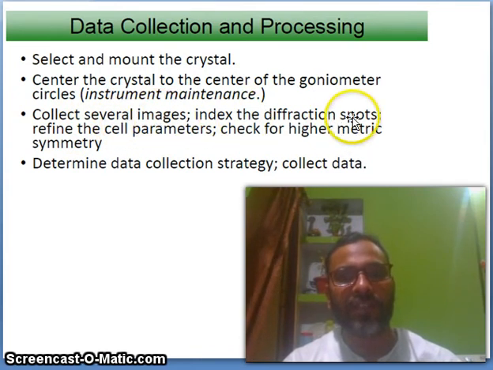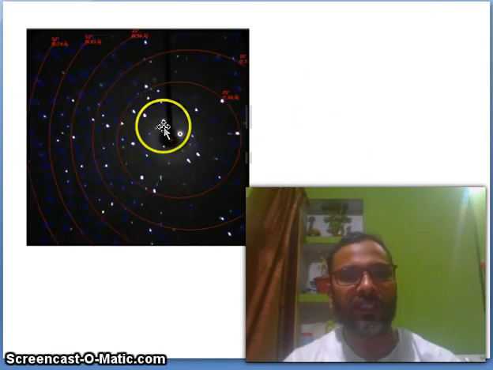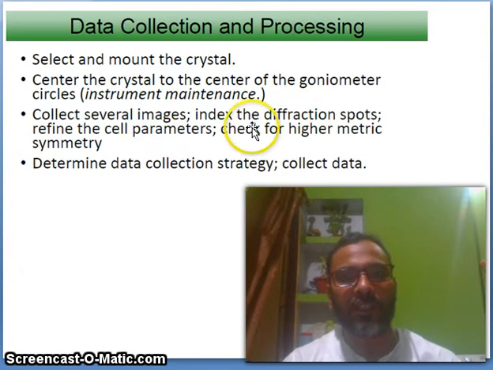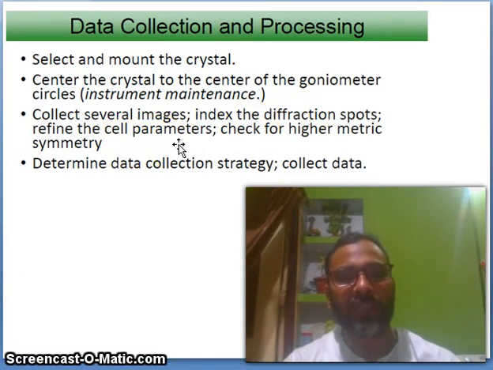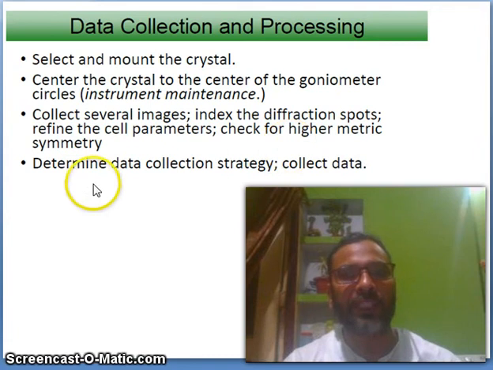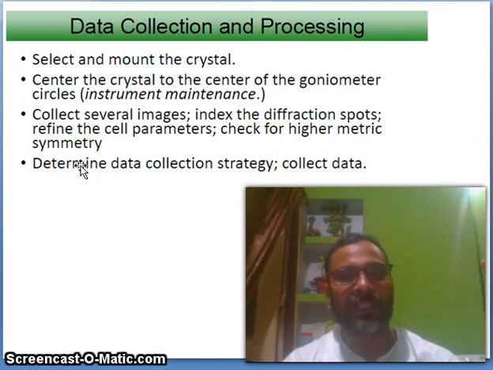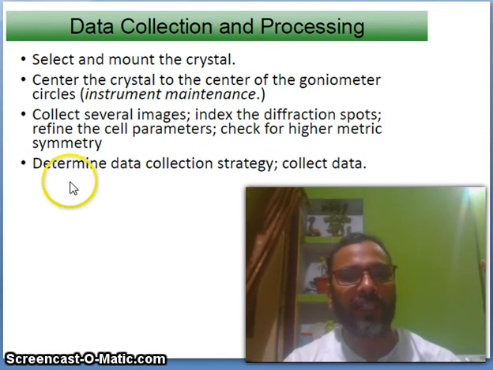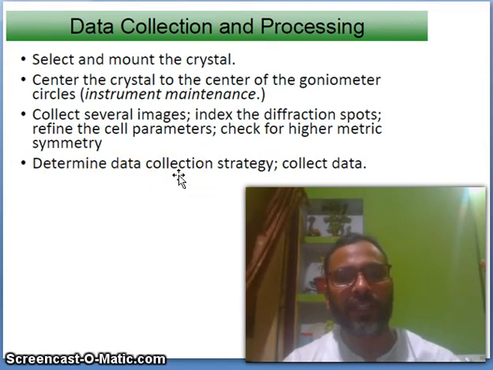Index the diffraction spots. These are the diffraction spots. Refine the cell parameters a, b, c, alpha, beta, gamma. Check for higher metric symmetry, meaning if you have triclinic, then go to the higher symmetry. Determine the data collection strategy and collect data.